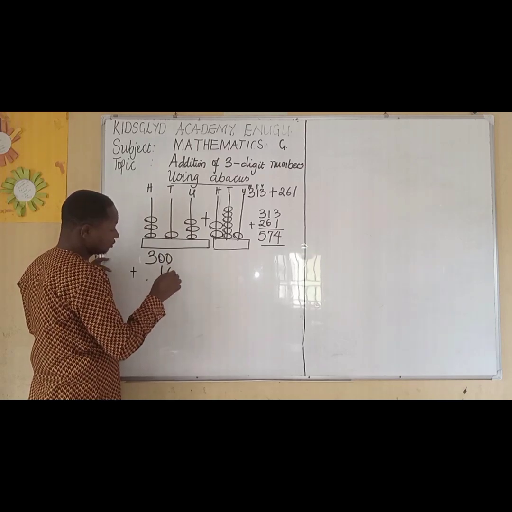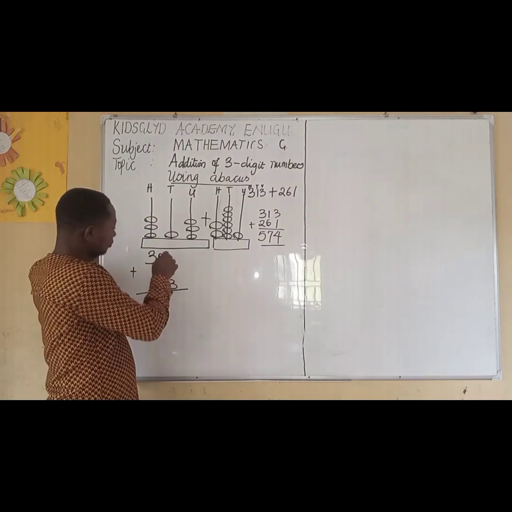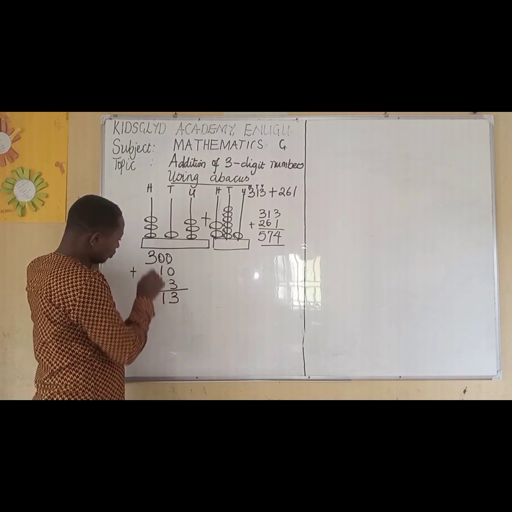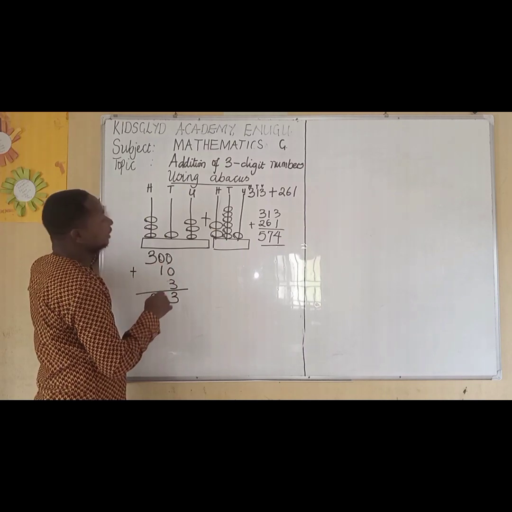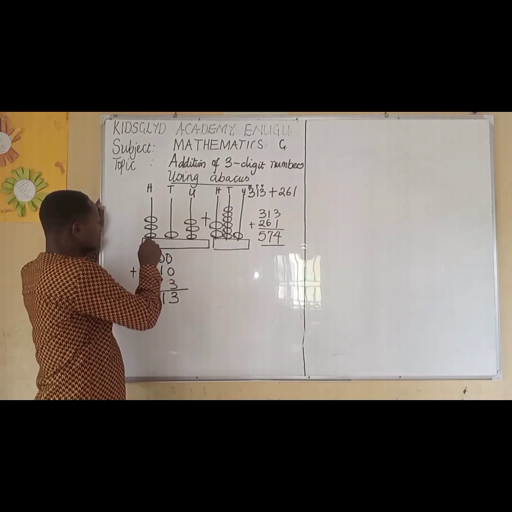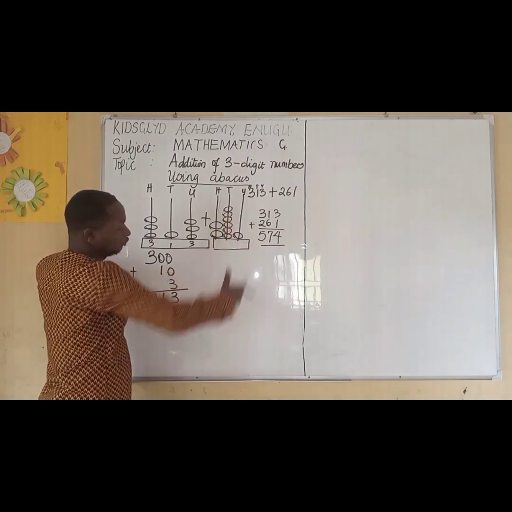If you like, add 0 here, no problem. So 0 plus 0 plus 3 is what? 3. 0 and 1 is what? 1. Bring down 3. That is what we have here, 3, 1, 3. The same thing you do for this.